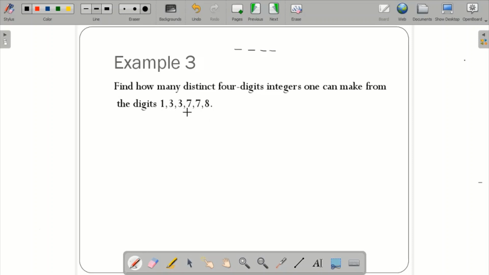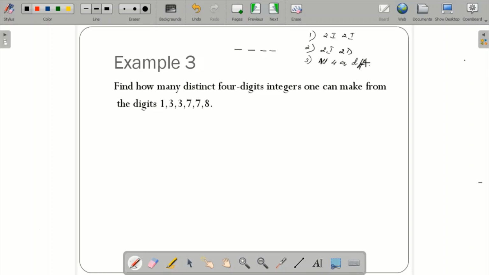The 4-digit integers that can be formed using the given digits fall into 3 categories. The first category is you can have two identical and two identical, that is 3377. The other is you can have 2 identical and 2 different. The third condition is all 4 are different.